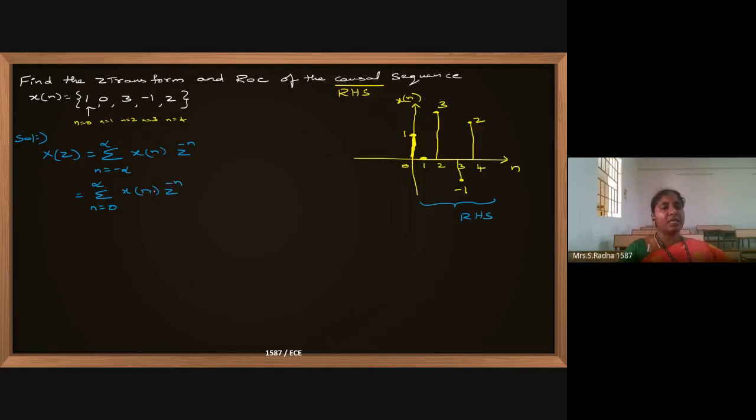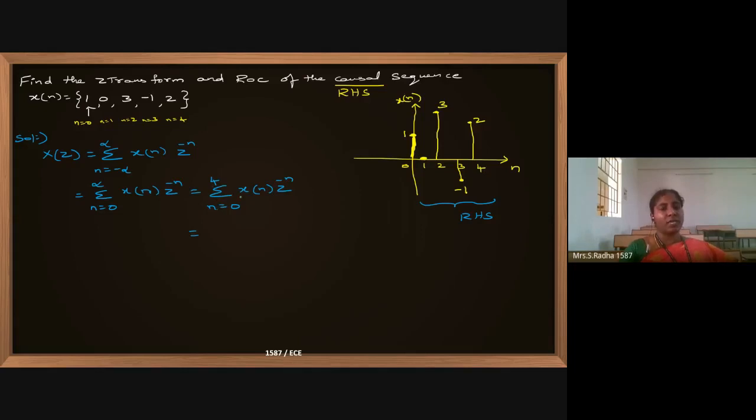In particular, the signal exists only up to 4, so I can further change the summation limits to 0 to 4, of x of n Z power minus n. I am changing the summation limits to 4 because the signal exists only up to x-axis value 4. That's why summation limits are nothing but x-axis values.